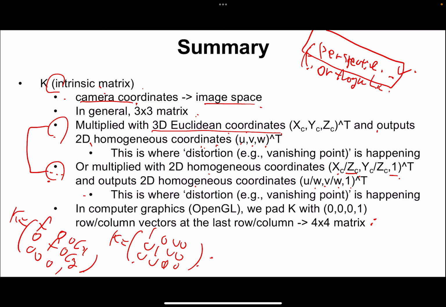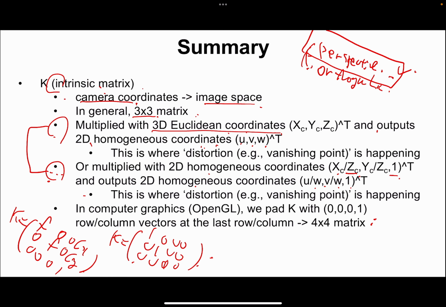And in computer graphics, OpenGL, actually anything, we pad K with a 0, 0, 0, 1 row and column. So originally it was a 3 by 3 matrix, but we pad 0, 0, 0, 1 to the last row and column so that we make it a 4 by 4 matrix. Just some convention. Mathematically, just equivalent. There's no difference.